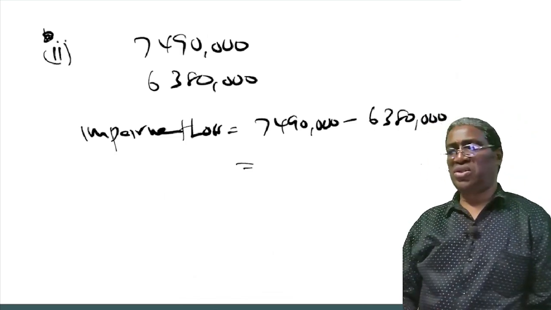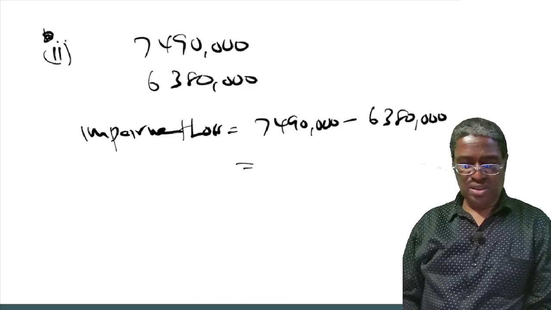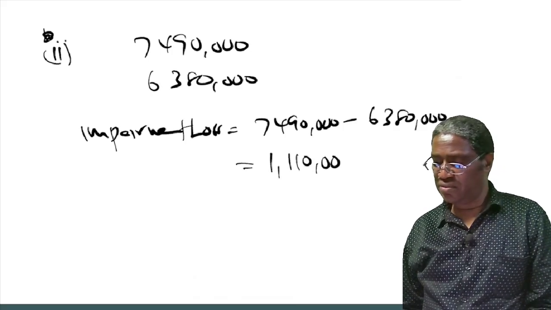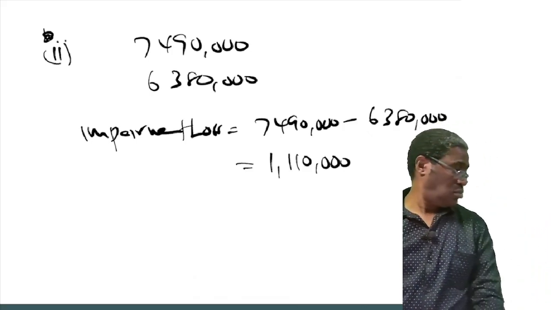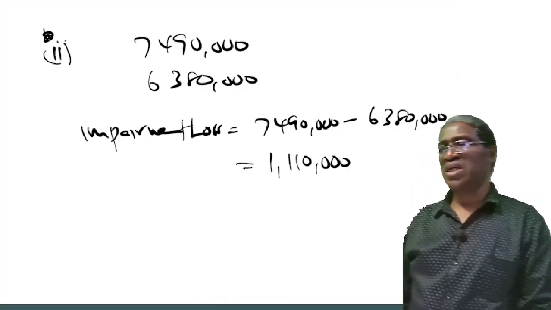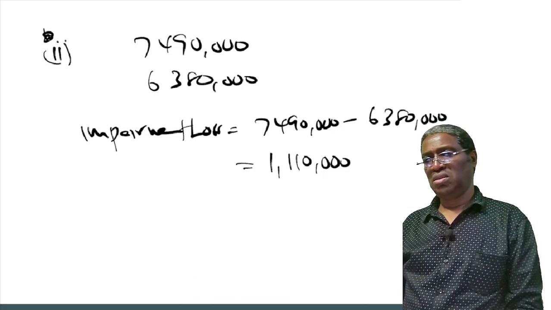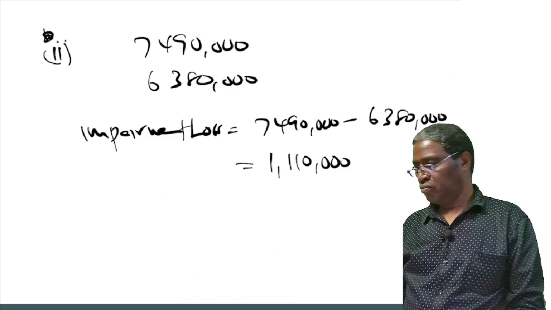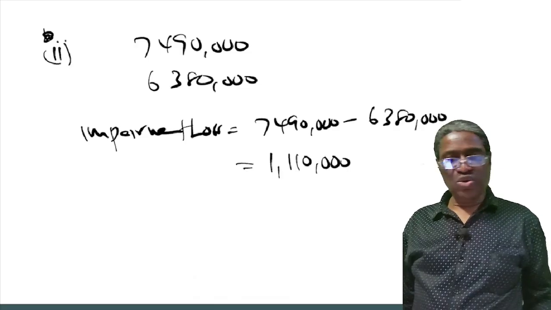How much is that loss? 7,490 minus 6,380 is 1,110,000. Good. So we are through with that question.